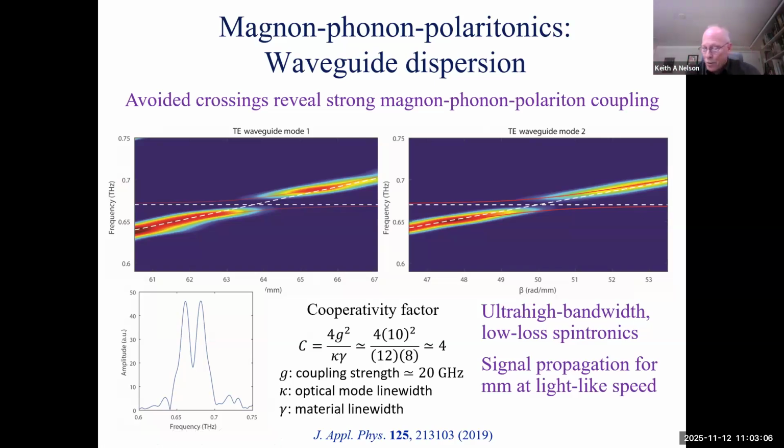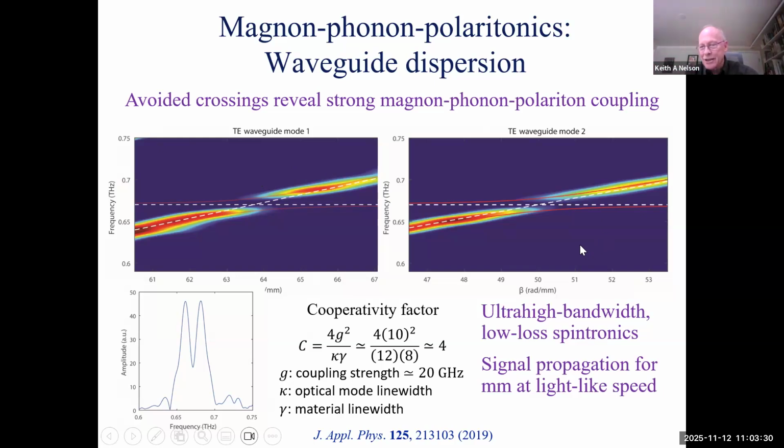It's a phonon polariton mode, but really it's basically acting like terahertz light in the lithium niobate. But because the terahertz magnetic field couples strongly to the magnon mode, there's an avoided crossing here, and magnon polariton branches are formed in both of these terahertz waveguide modes.